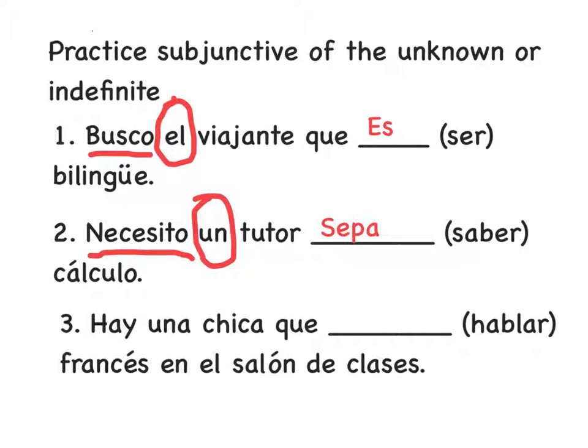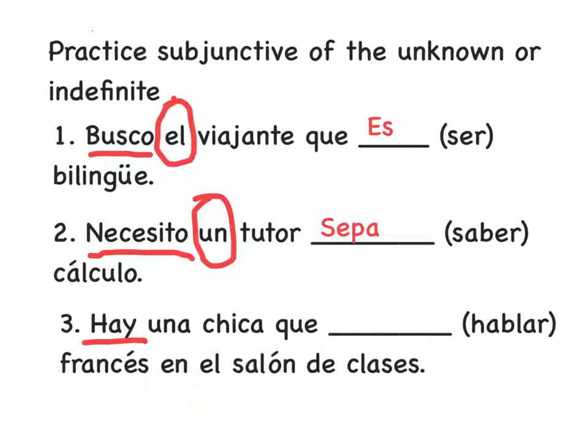Okay? Number 3, hay una chica que hablar francés en el salón de clases. Now, the word that tells me the answer to this question, or how I am going to conjugate the verb, is hay.